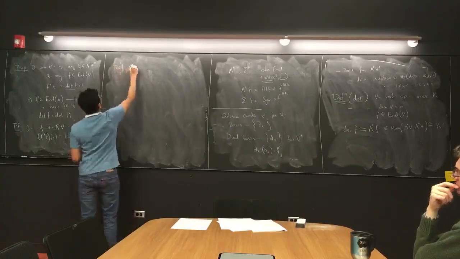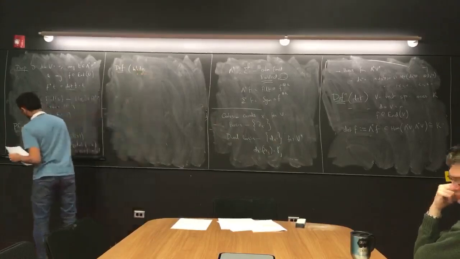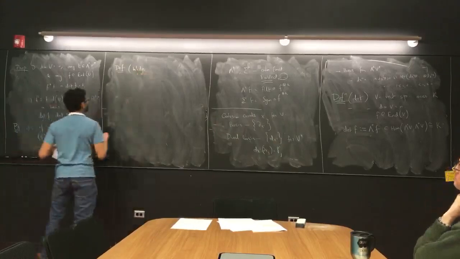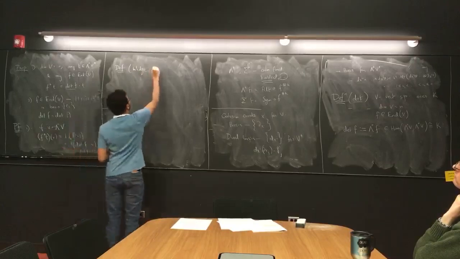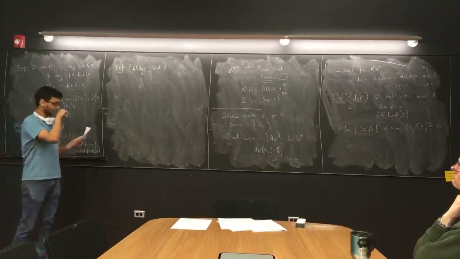Definition of the wedge product, also known as the exterior product.